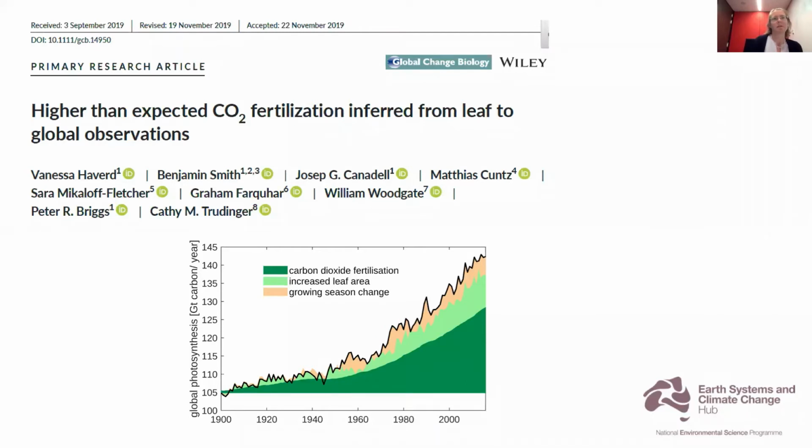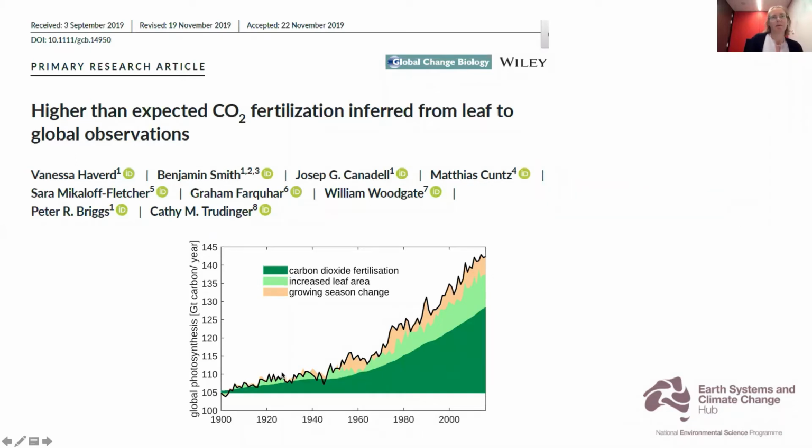And in this particular work, we used observations to constrain the partitioning of that increase. So the little figure you see here shows the increase in global photosynthesis since 1900.